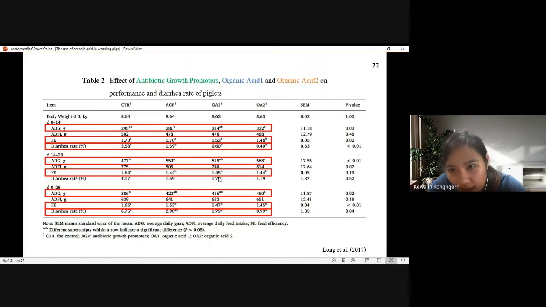We will see organic acid 2 has a greater result than the other groups, and organic acid 1 is not different from organic acid 2.